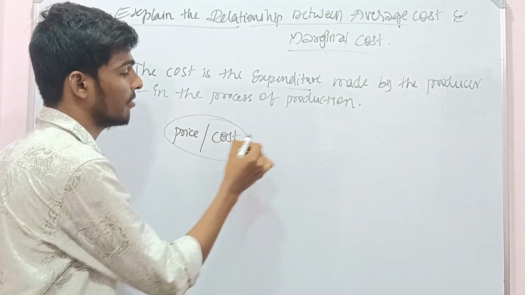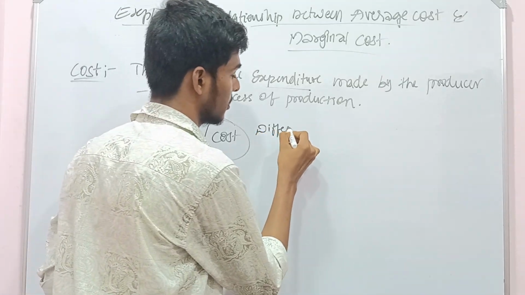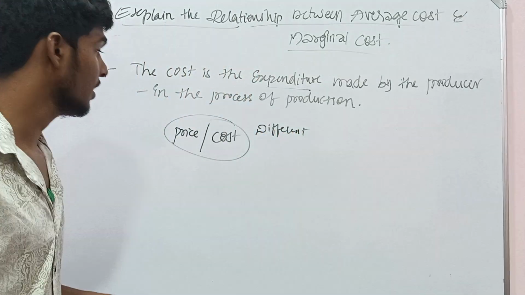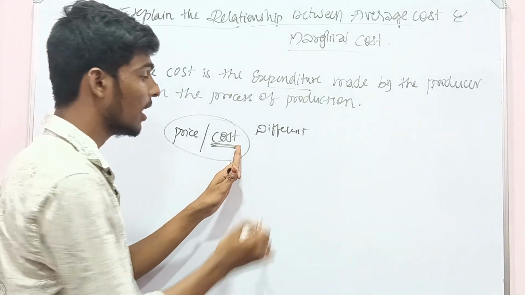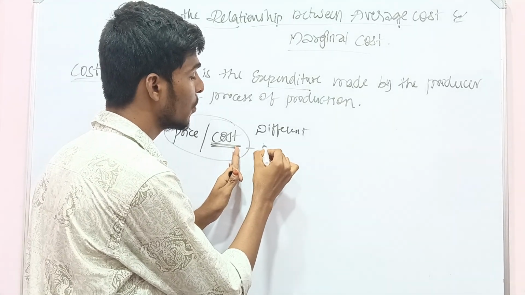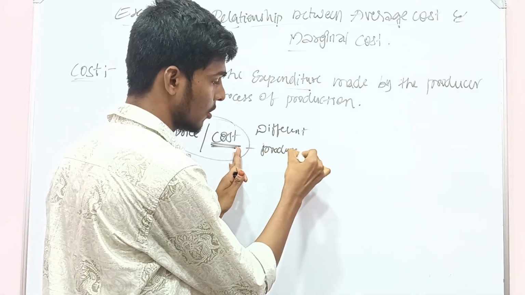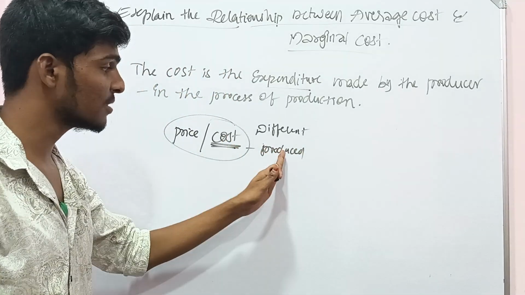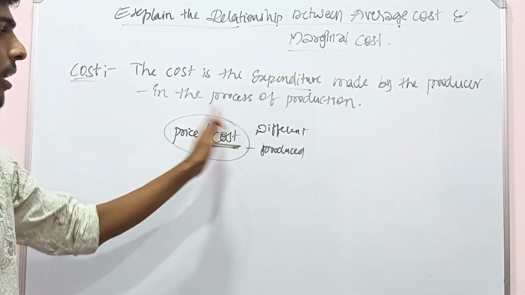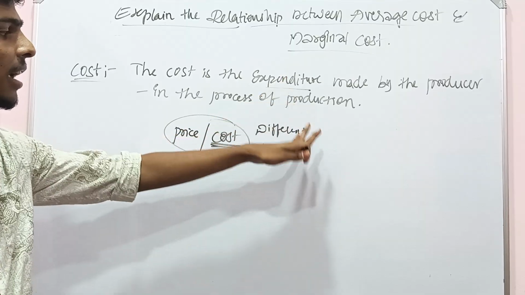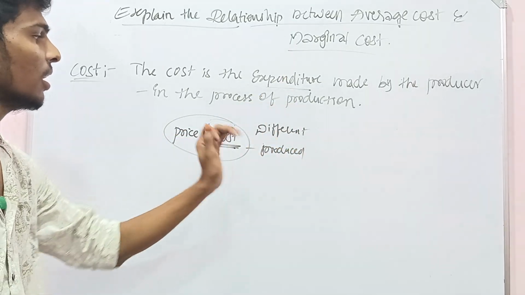They both are different. Cost is the expenditure incurred in the process of production.